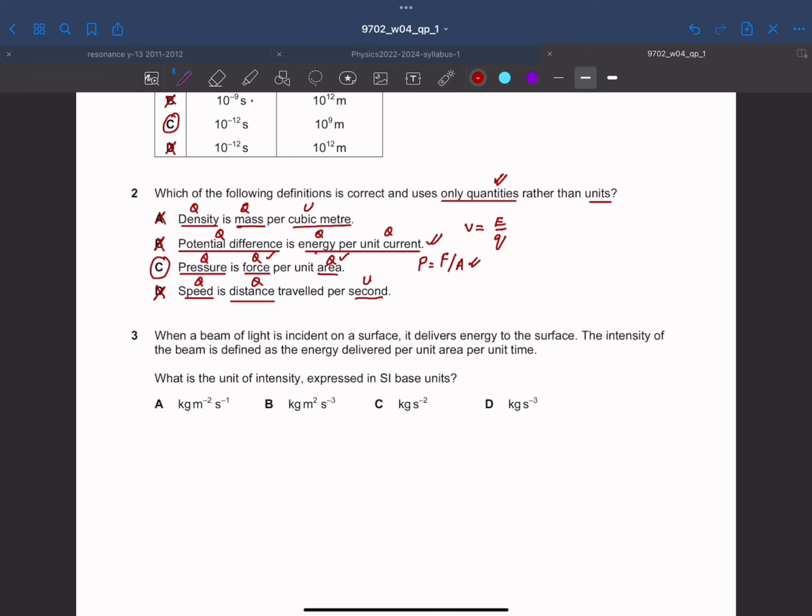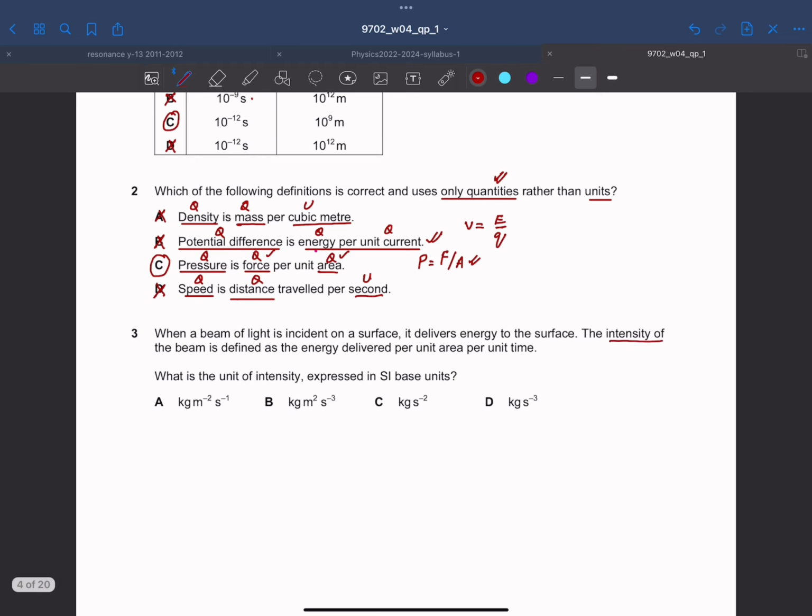This is very important. Then in question 3, when a beam of light is incident on a surface, it delivers energy to the surface. The intensity of the beam is defined as the energy delivered per unit area per unit time.